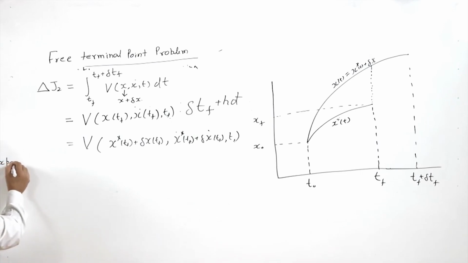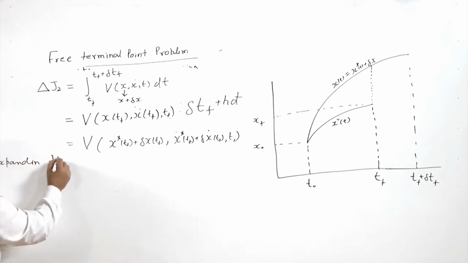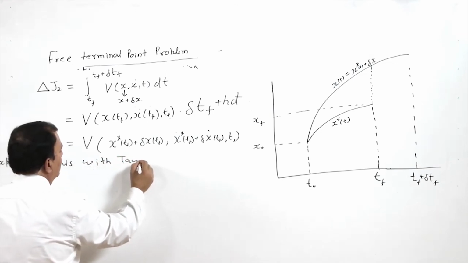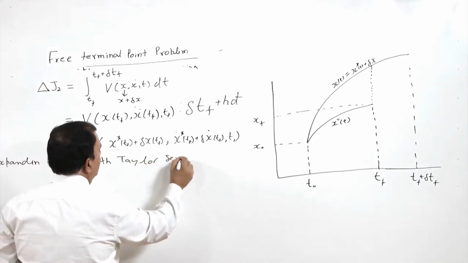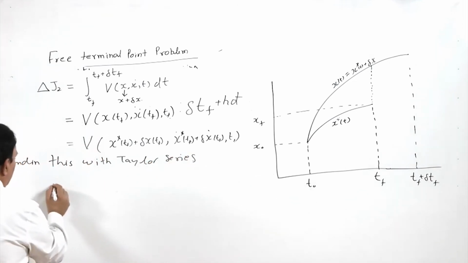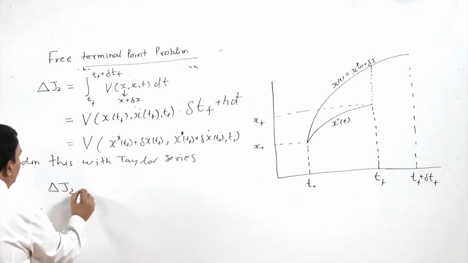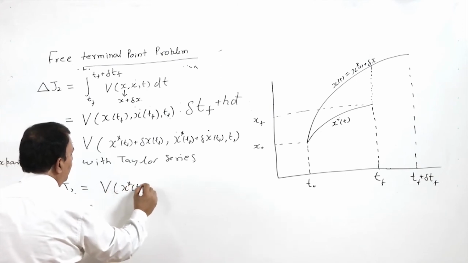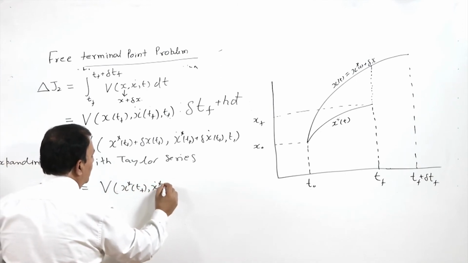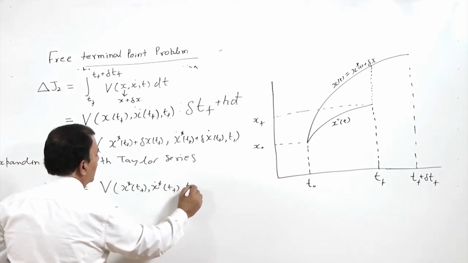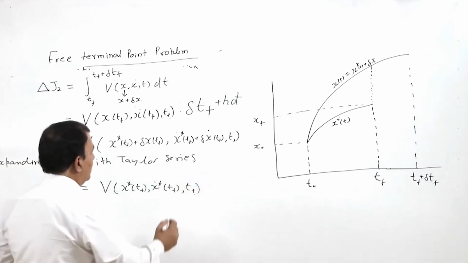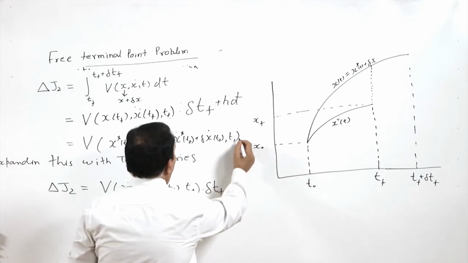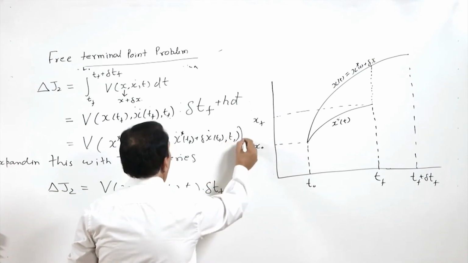Now, expanding this with Taylor series, what can we write for J2? This is V of x star of Tf, x dot star of Tf, Tf, multiplied with delta Tf, which I had missed here.